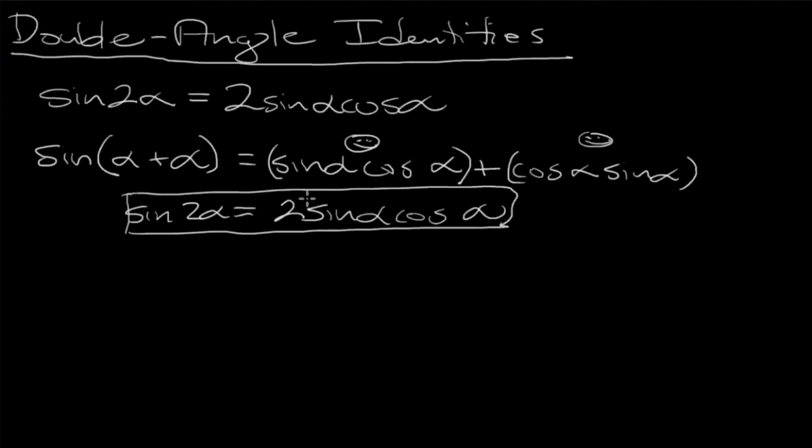2 smiley faces, so 2 smiley faces. Well, cosine's very different because it doesn't have this situation in the same way.